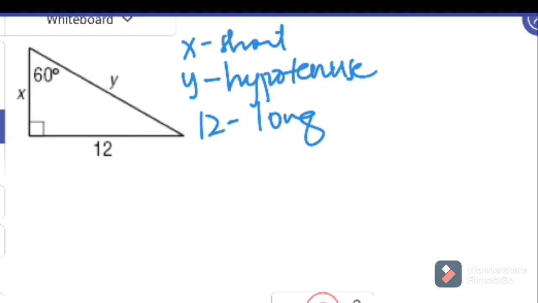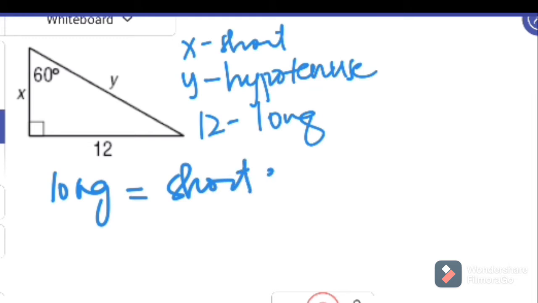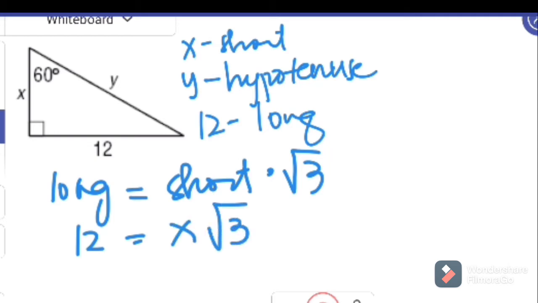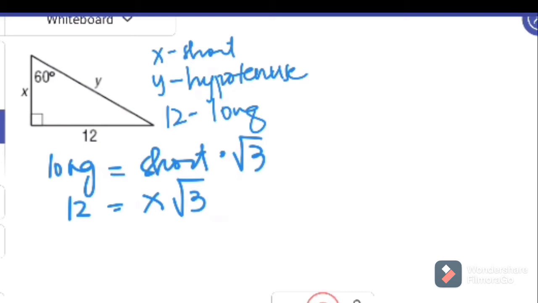What do we know? The long leg is equal to short leg times the square root of 3, right? Substitute. The long leg 12 is equal to short, which is x, times the square root of 3. Solve for the value of x.